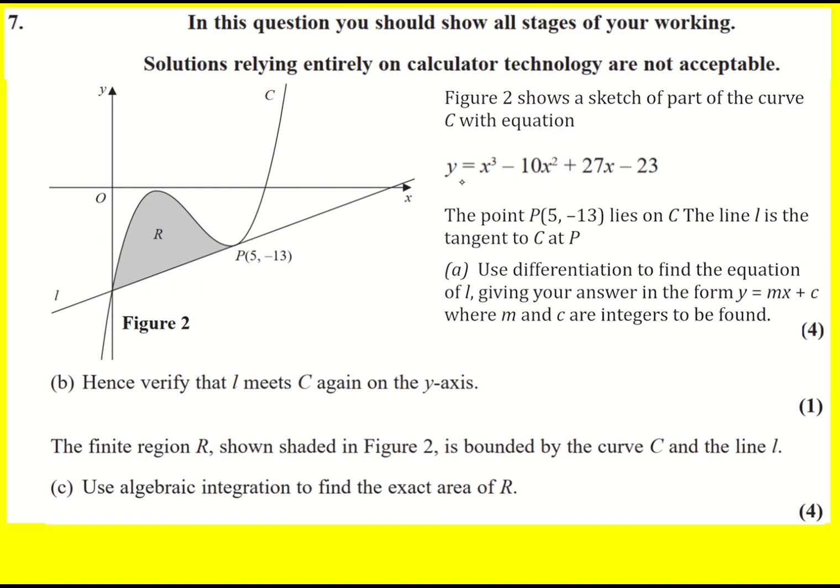So what we can do is find dy/dx, which will be 3x² - 20x + 27. Then substitute 5 in, when x is equal to 5, because that is going to be the instantaneous gradient of the curve at x = 5, but that is the same as the tangent.